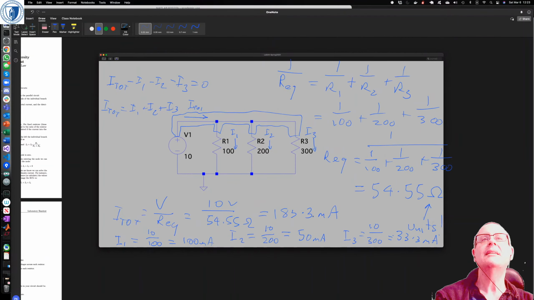Okay, and then the second piece, this is the calculation. The second part of it is then to run LTspice and get the measurements, right?